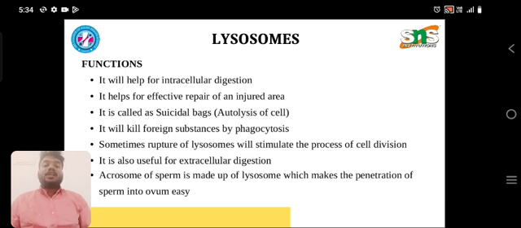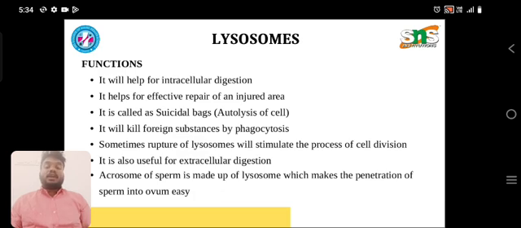It will kill foreign substances by the process called phagocytosis. Sometimes rupture of lysosomes will also stimulate the process of cell division. It is also useful for extracellular digestion. Acrosomes of sperm are made up of lysosomes, which makes the penetration of sperm into the ovum easy.